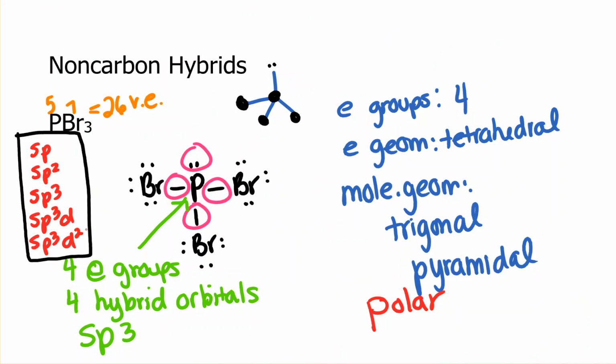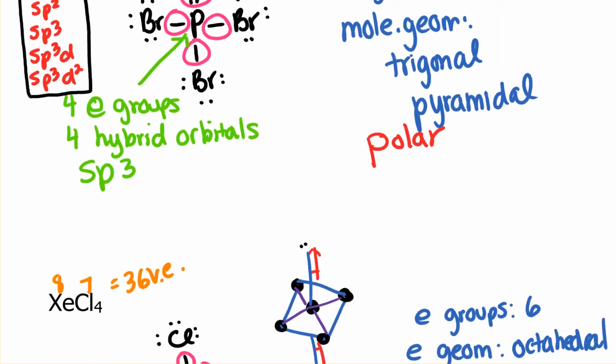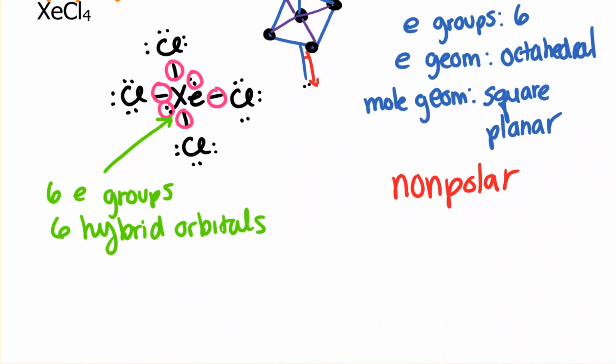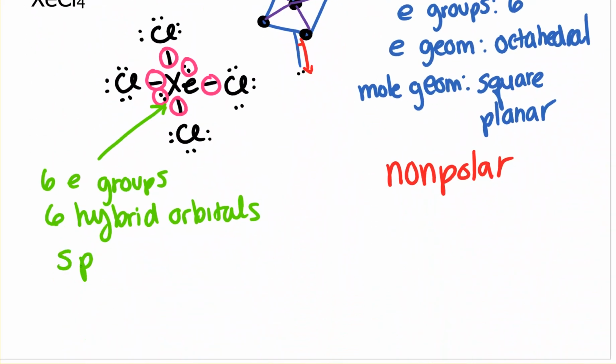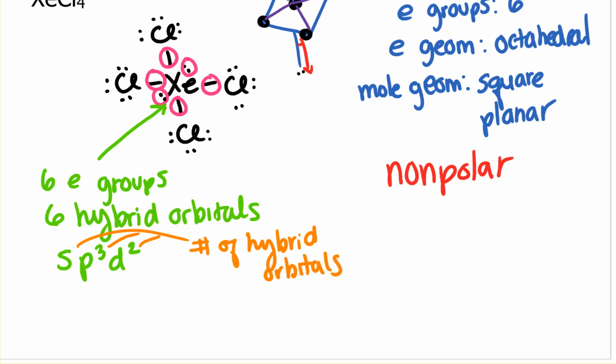This should be a d2. Because to get to 6, I have to go all the way to there, sp3d2. And I can tell these exponents are the number of. Okay, that's all we can do with that one.